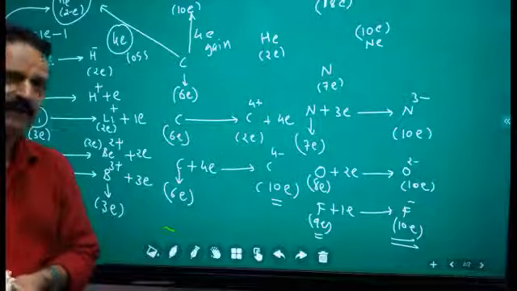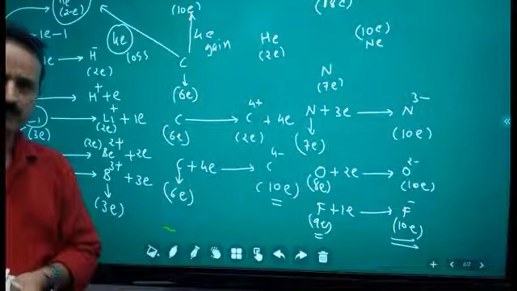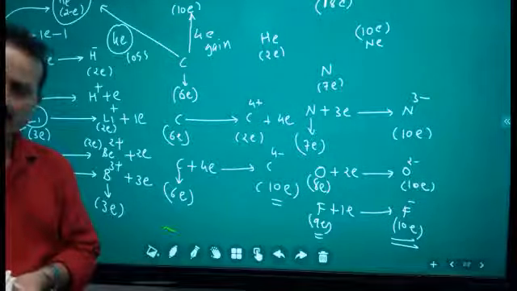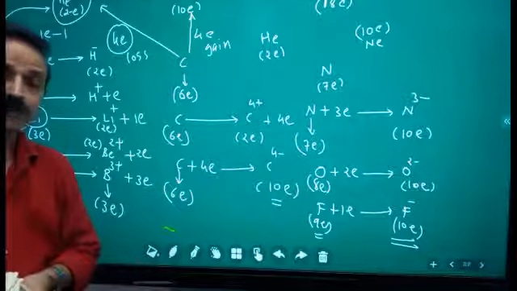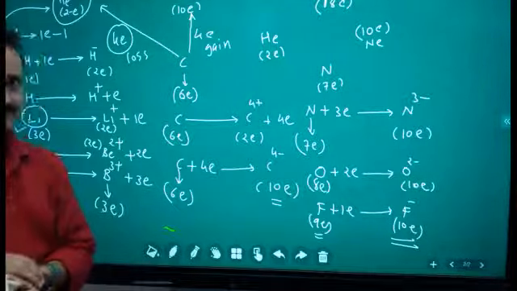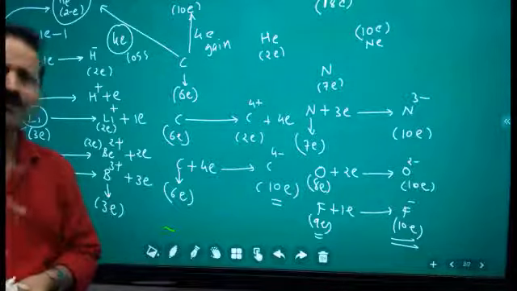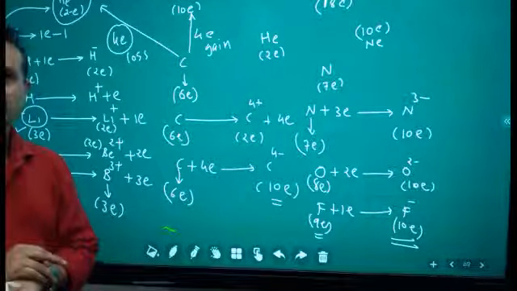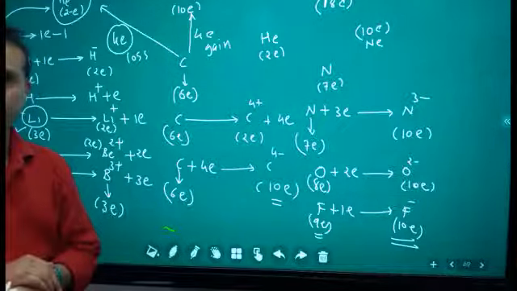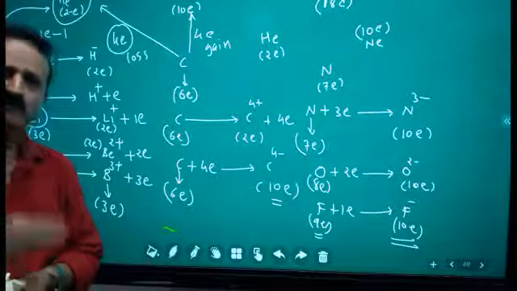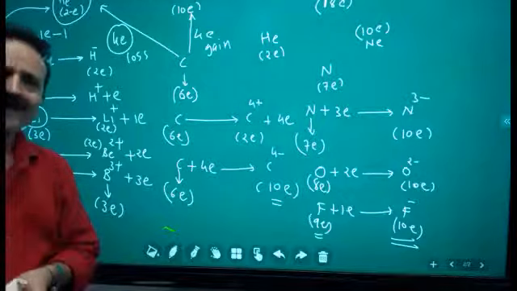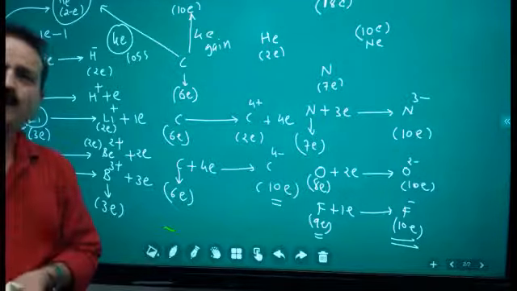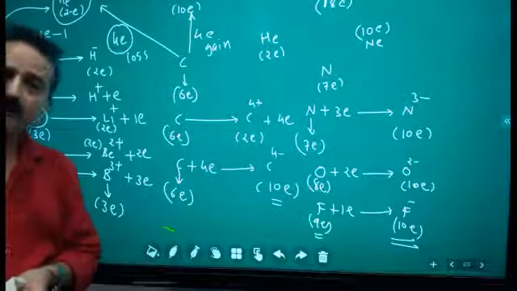There are noble gases: helium, neon and argon. Among the first 20 elements, the first 3 noble gases are helium, atomic number 2, neon, atomic number 10, argon, atomic number 18.